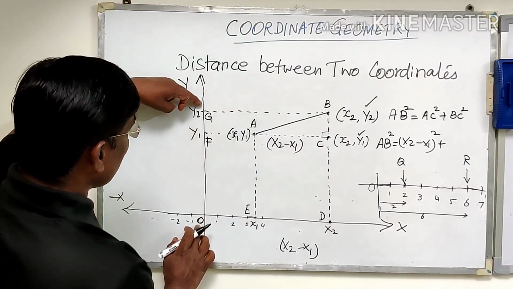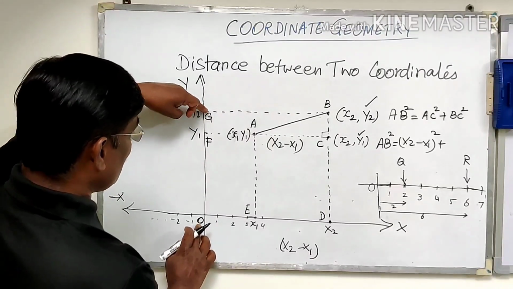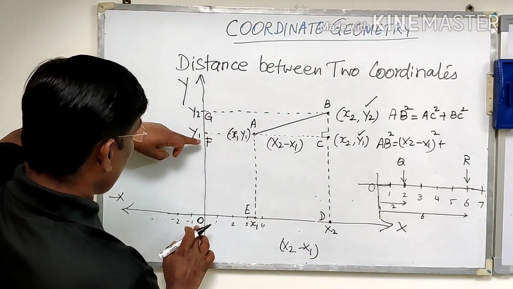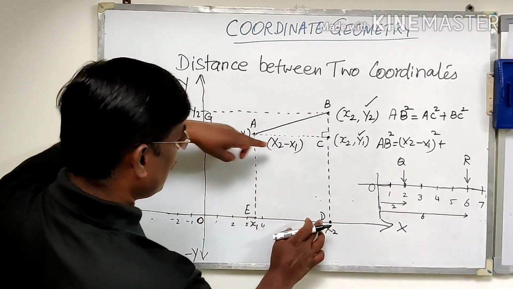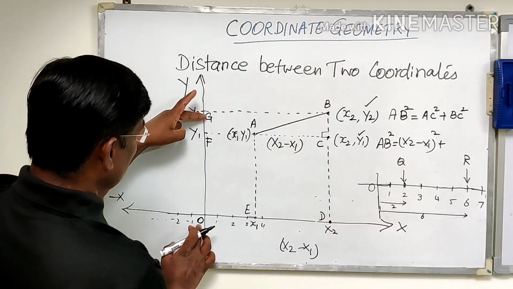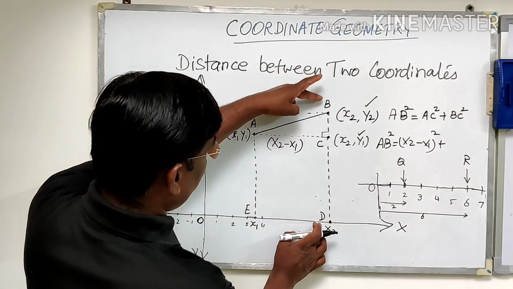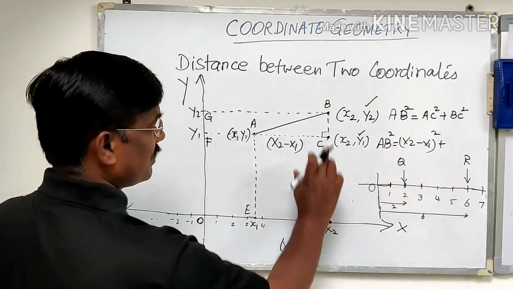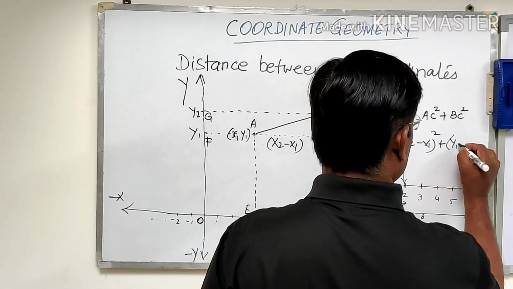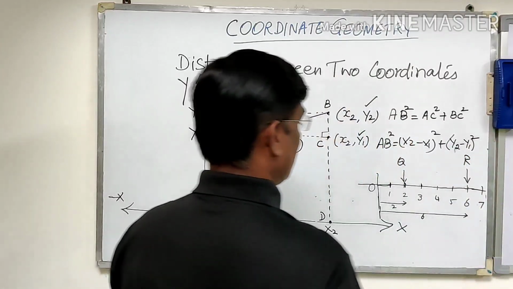So OG is nothing but DB, and OF is nothing but CD. So OG minus OF is nothing but BD minus CD, so that gives BC. Y2 minus y1, the whole square.